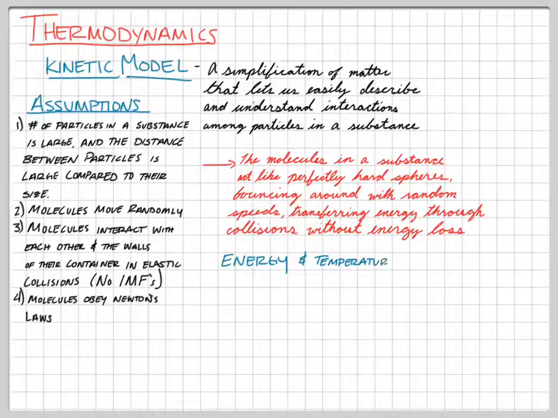So I'd like to talk about energy and temperature in terms of the kinetic model. So looking very small at an individual molecule, each particle is moving, so each particle has kinetic energy.